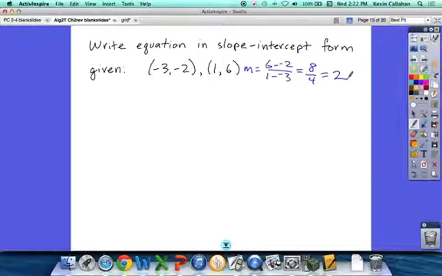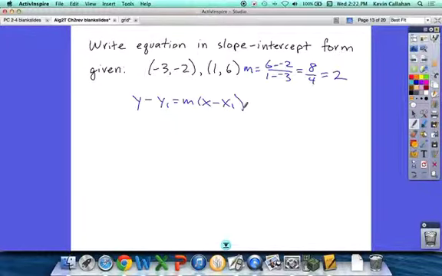So now we have 2 points and the slope. Do we have a 2-point slope formula? No, we don't. So we're using the same one. We use this one. Y minus y1 equals m times x minus x1.